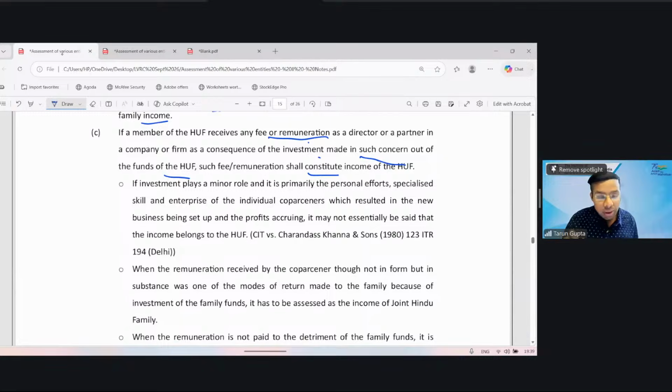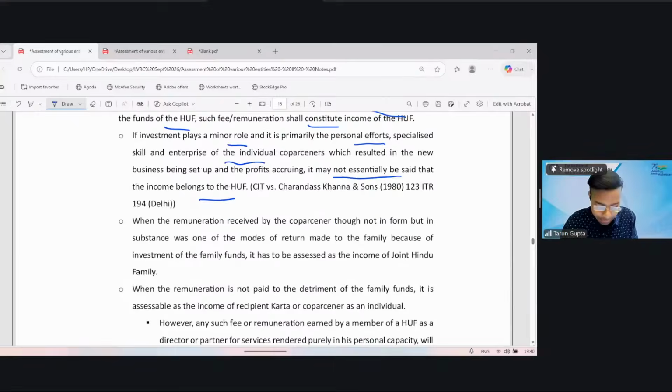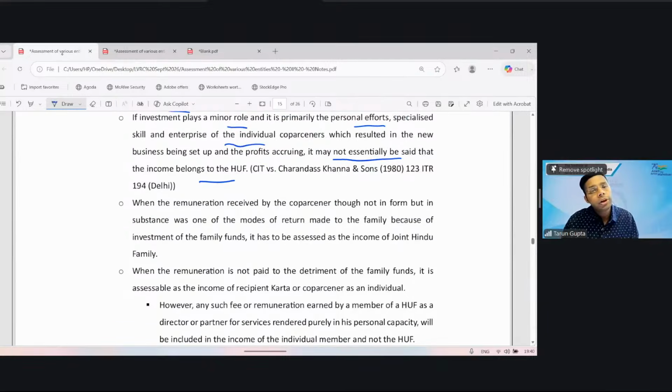But the Delhi High Court said that if investment plays a minor role and is primarily the personal effort, specialized skill, and enterprise of the individual co-partner, which resulted in the new business being set up and profit accruing, it may not necessarily be said that income belongs to the HUF. In such case, income belongs to this co-partner because it's on account of their professional personal skill.